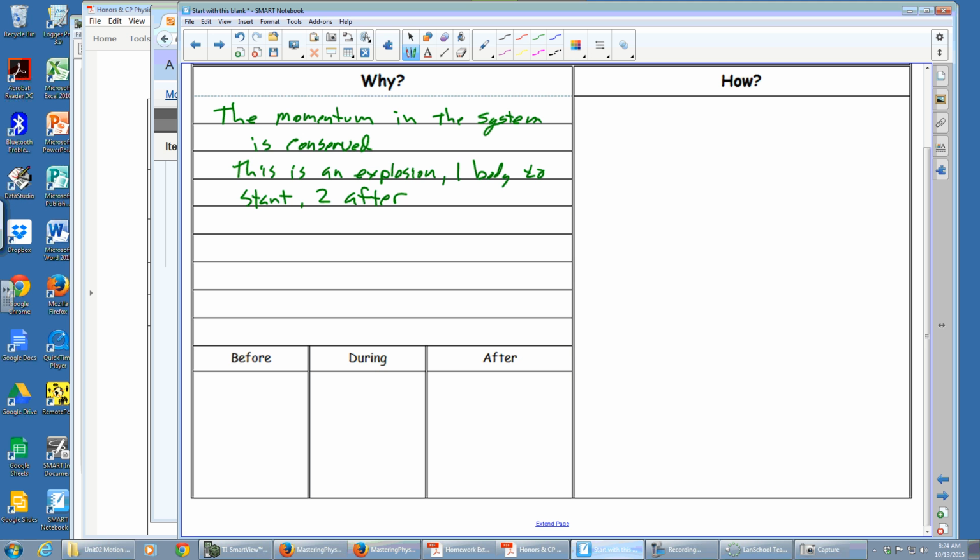So beforehand, there's my satellite, there's my astronaut, and they have no momentum, and then during is when the astronaut actually pushes off, and then afterwards, we have this. So here, none. Here, we have an impulse, let's say, on the satellite, and we have an impulse on the astronaut. Afterwards, we'll have a momentum of the astronaut and a momentum of the satellite.